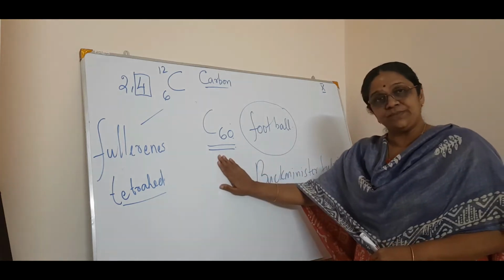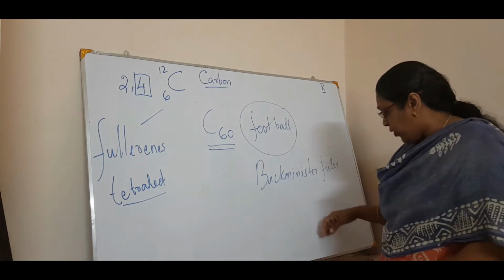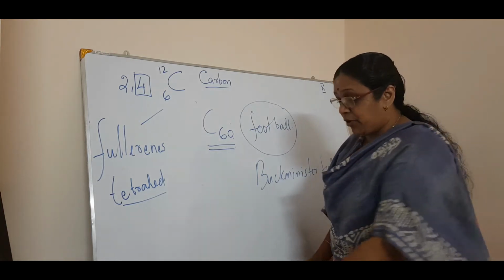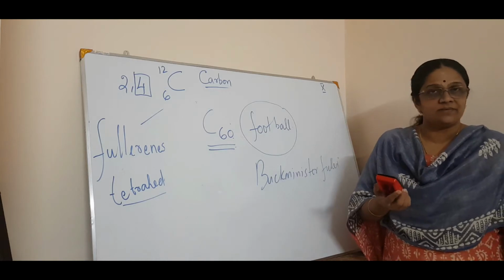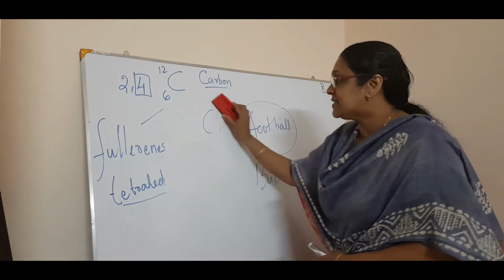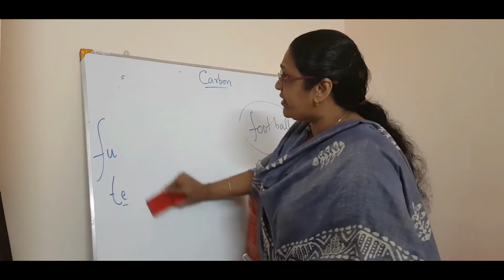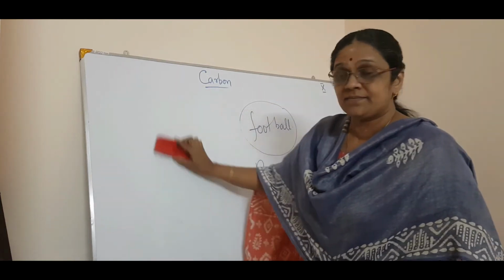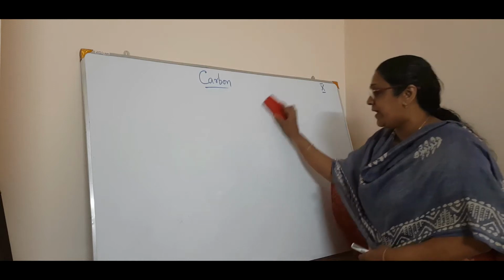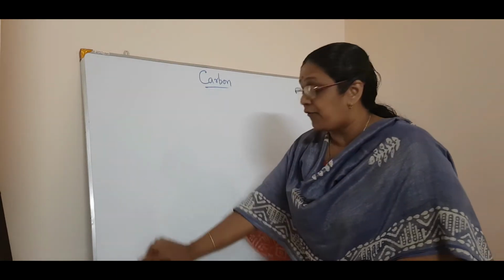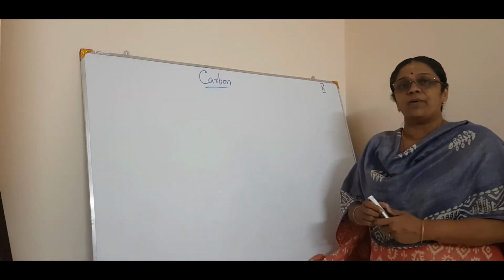Hope you have understood. Now we will move on to the next important thing, that is the versatile nature of carbon. In the first class itself we discussed that, being a very small element with atomic number 6 and mass number 12, carbon can form millions of compounds, isn't it?